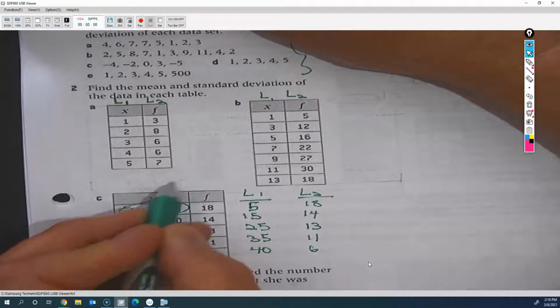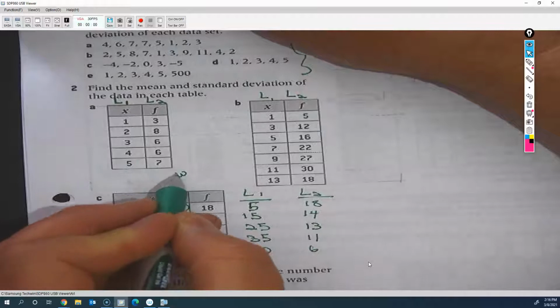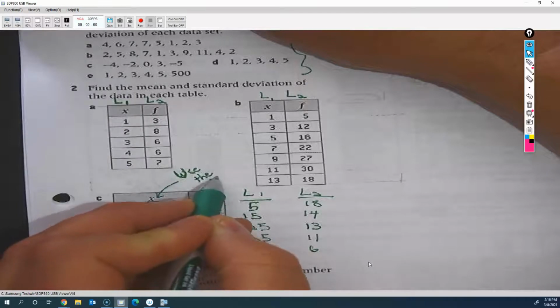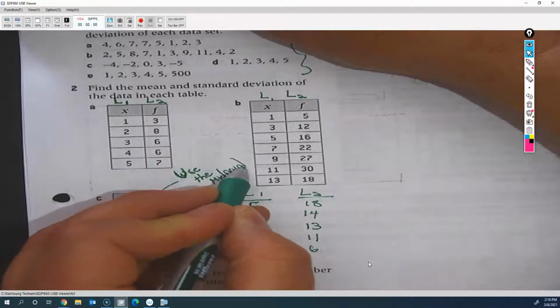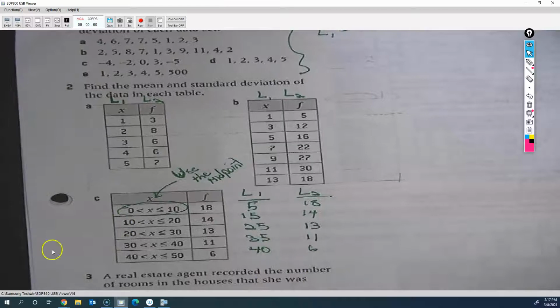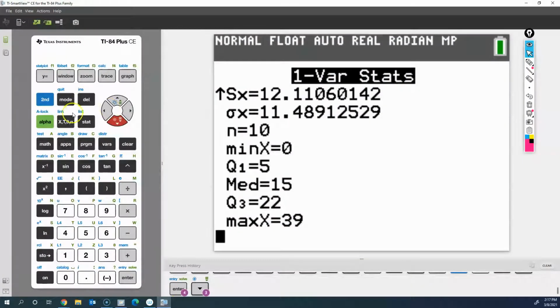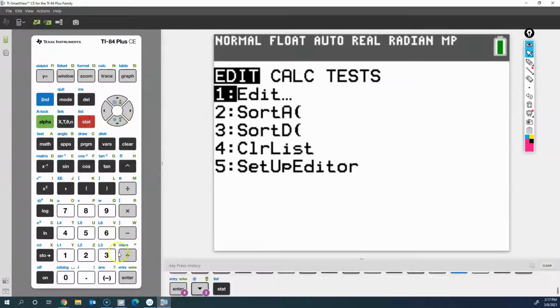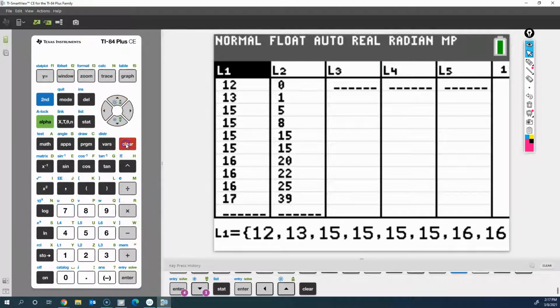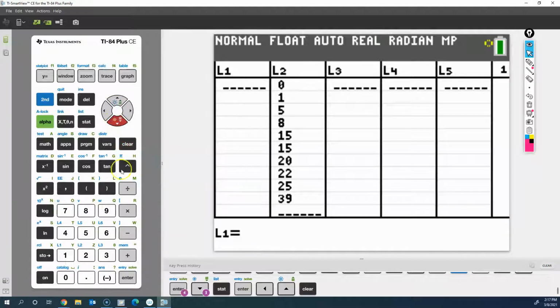So when we have intervals, we use the midpoints. So if I was doing C, my list 1 is just going to be the midpoints of each one of those intervals.